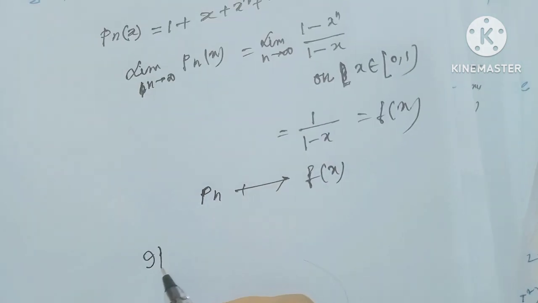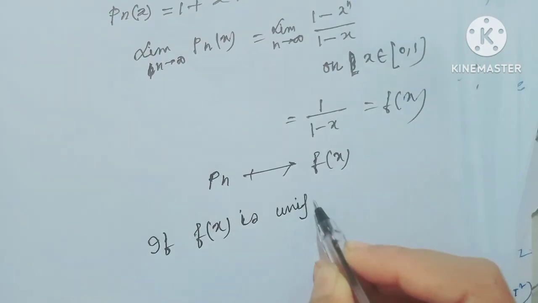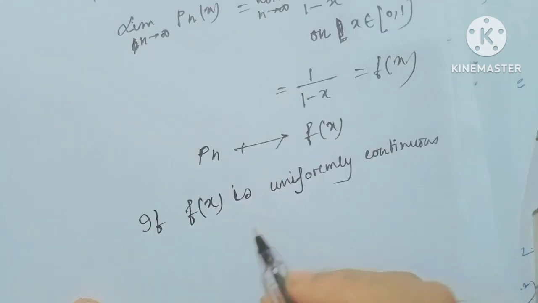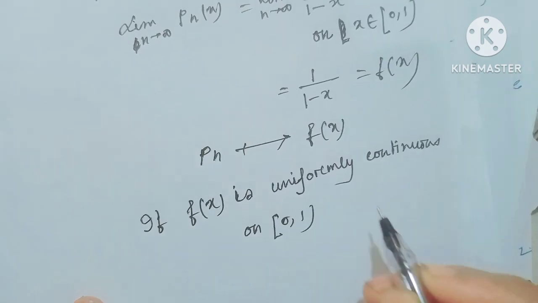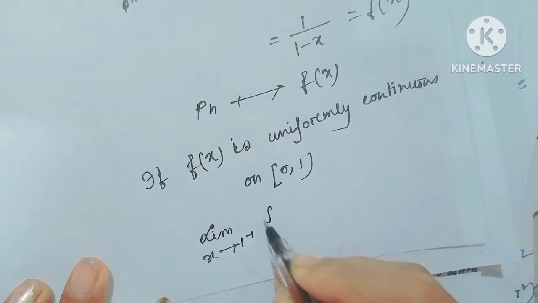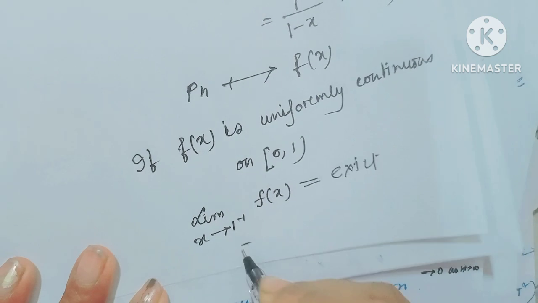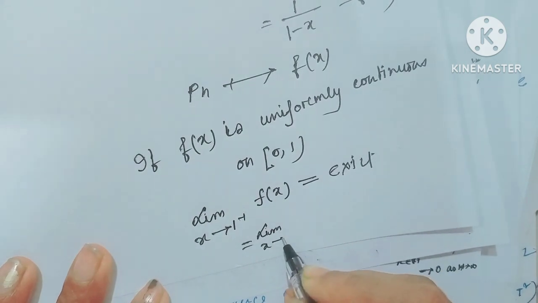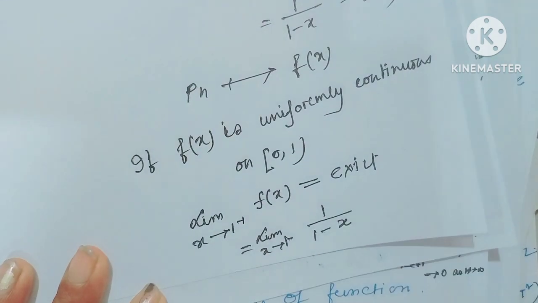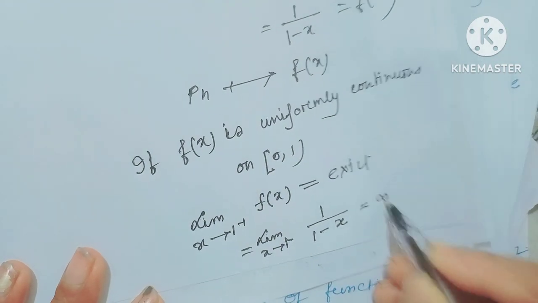We all know that if f(x) is uniformly continuous on [0,1), then the limit as x tends to 1 from the left always exists, and this value is the limit of 1/(1−x), which is infinity.